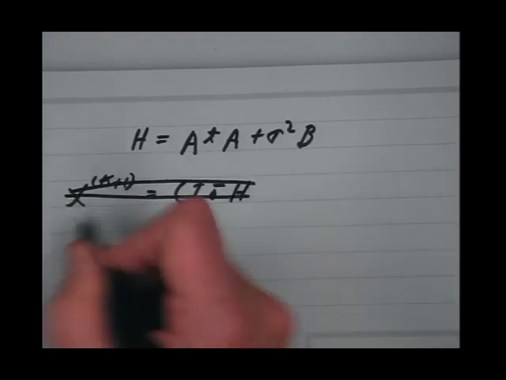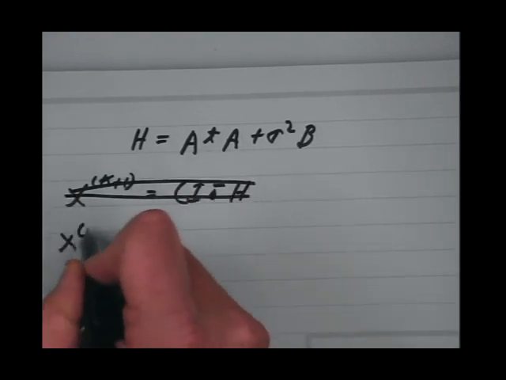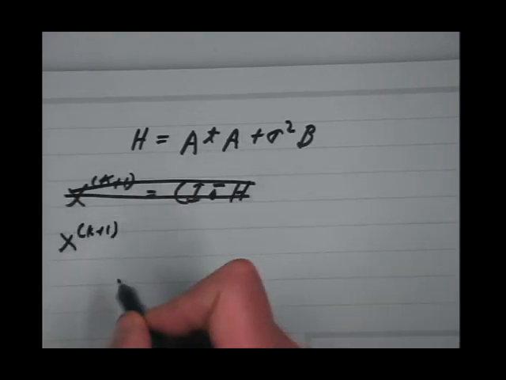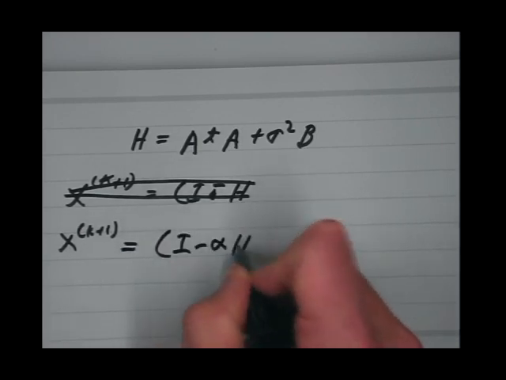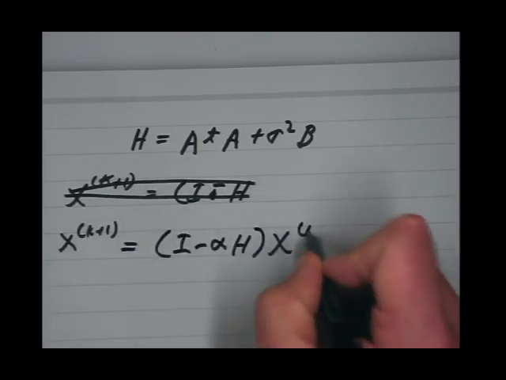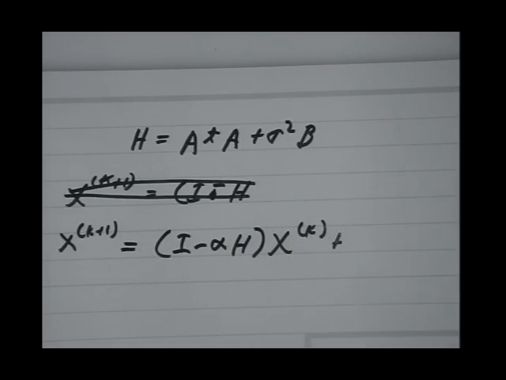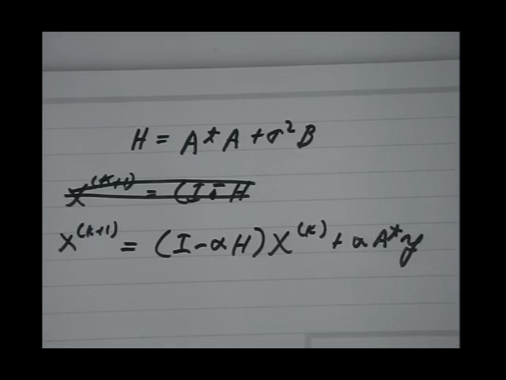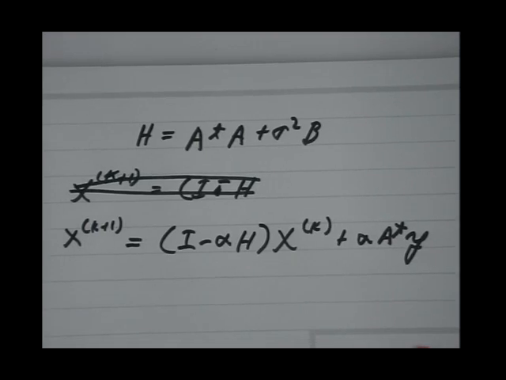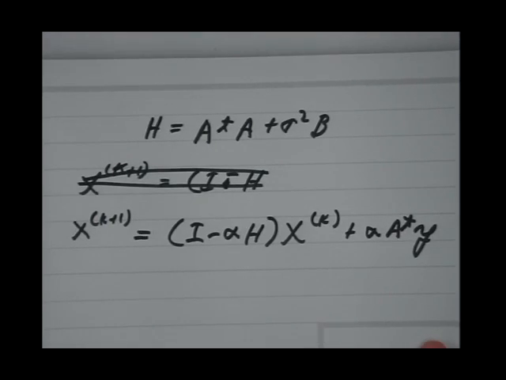Let me just redo this. x_{k+1} is equal to (I minus alpha H) times x_k plus some constant, okay? And the constant here was alpha A transpose y. But that's not going to change. That's a constant, right?